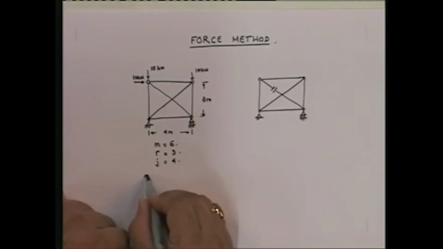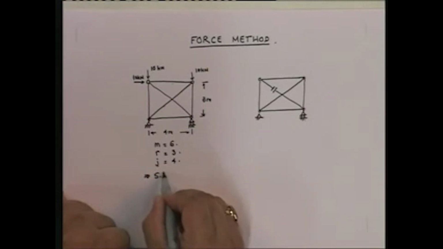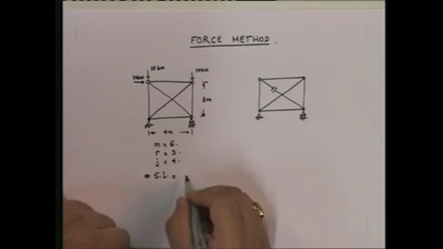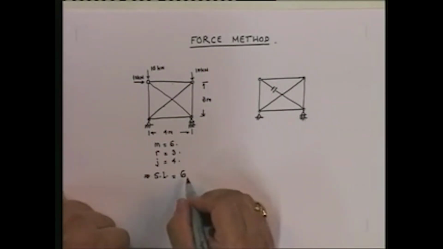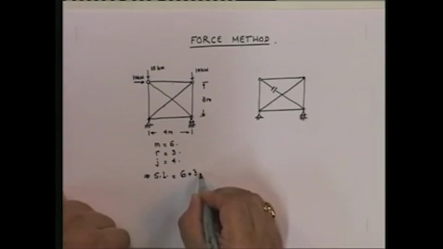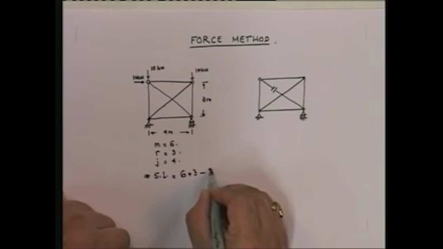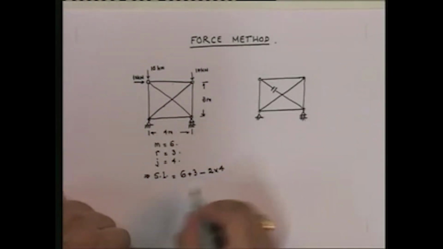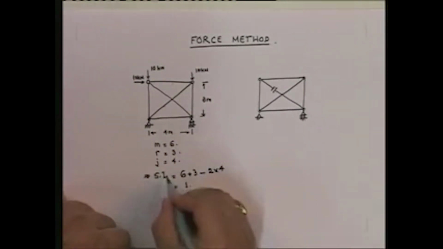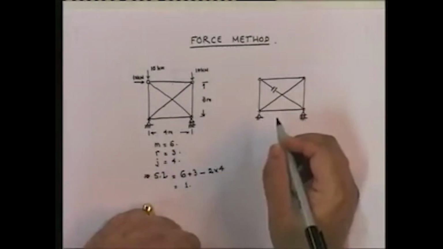So if you look at the static indeterminacy, it is equal to number of unknowns, 1 for each member, plus the number of reactions minus the number of equations of equilibrium that you have, which is 2 per joint, and this is equal to 1. So therefore, this is a single indeterminate structure. It's a truss which has a single degree of indeterminacy.